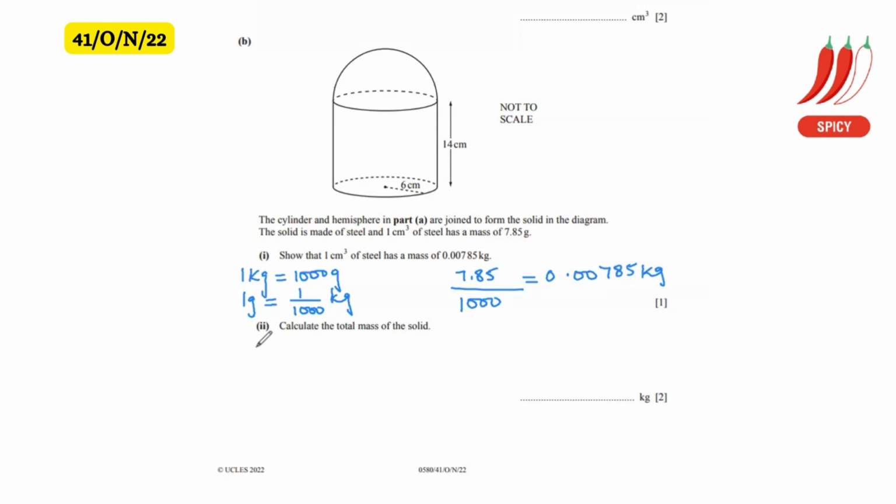So for the total mass, we need to find the total volume of the solid first, because 1 centimeter cube is equal to 0.00785 kg.